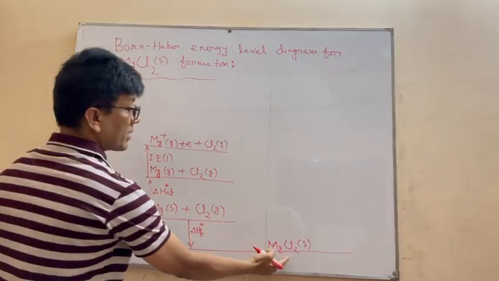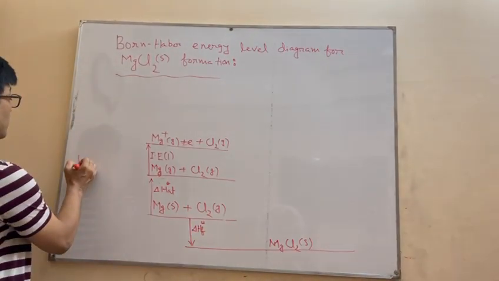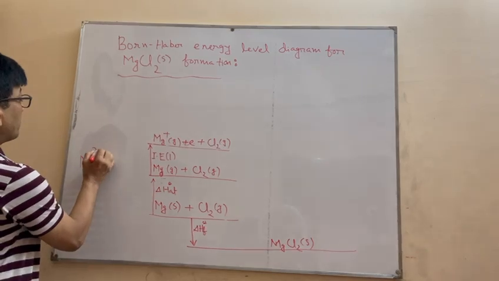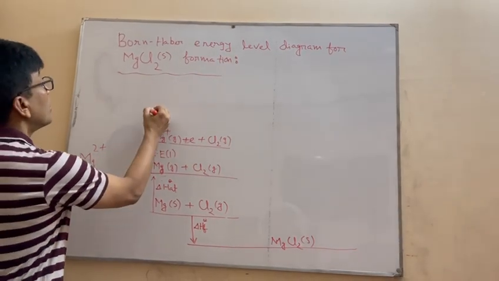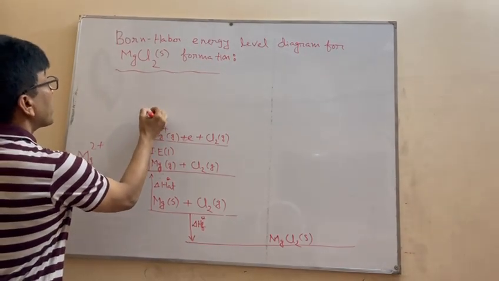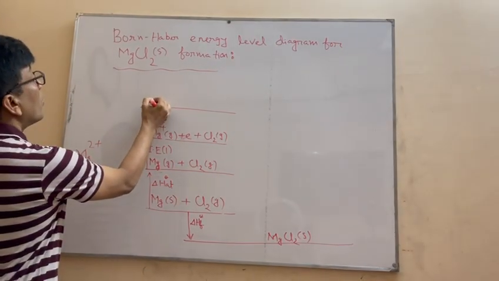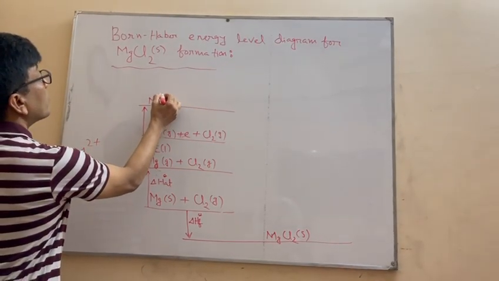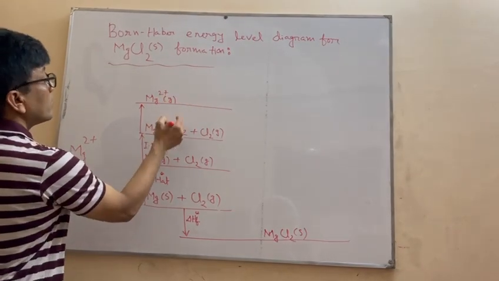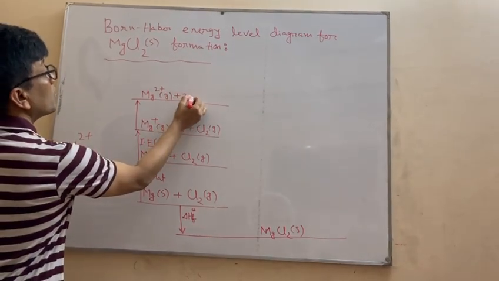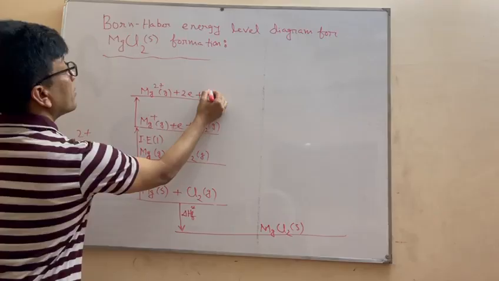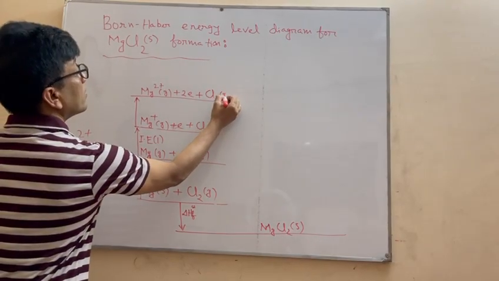Now you know magnesium is Mg2 plus, so you will do second ionization energy for magnesium. Magnesium 2 plus plus 2e, chlorine remains same.